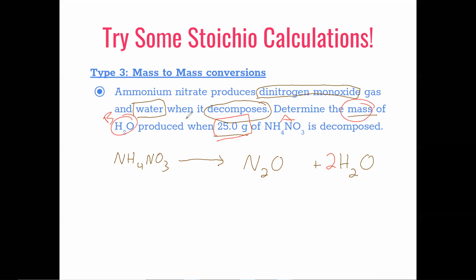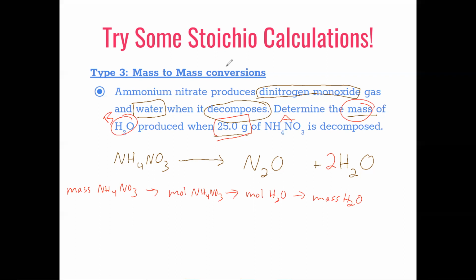That's our B. So when we do that, we have to go from mass of NH4NO3 to moles of NH4NO3 to moles of water to mass of water to get all the way over to where it wants us to be. Now, this is going to be your 3-step conversion.